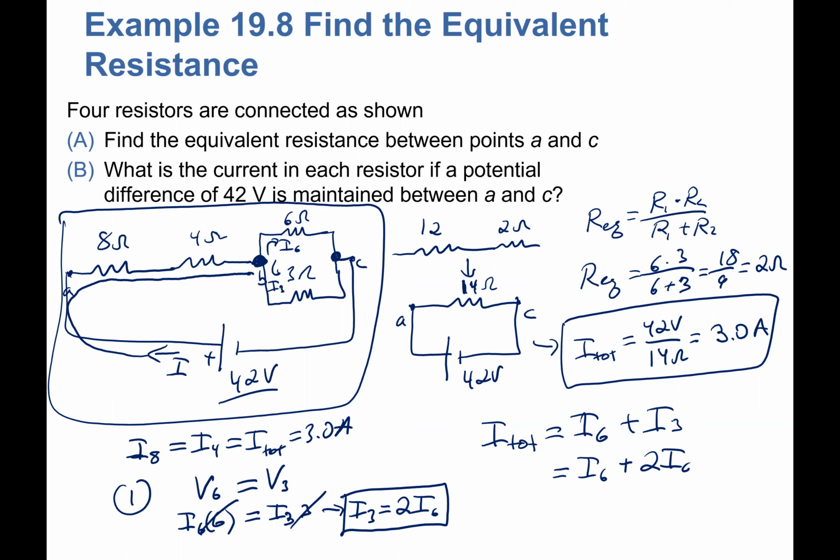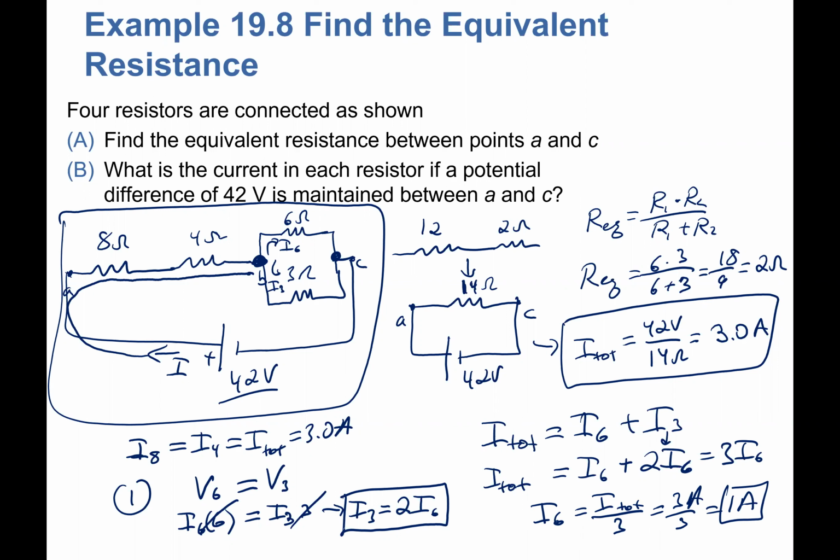That means I'm substituting this, so the total current equals I6 plus 2 times I6, which is 3 times I6, which means I6 is total current divided by 3. Total current was 3 amps divided by 3. That means it's 1 amp through the top 6 ohm resistor.